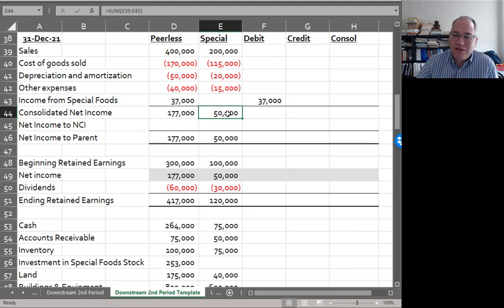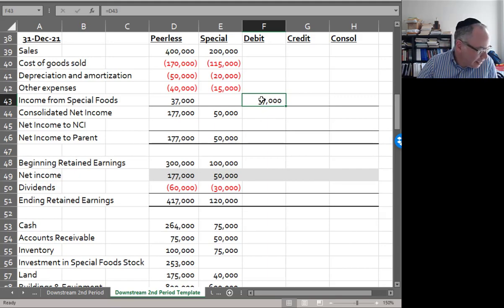This 37, they used to do 50,000 and split it 2 ways. Now they're just taking income from special foods and eliminating it directly. And that's just something to be aware of. We'll see later on the outcome of doing it this way.